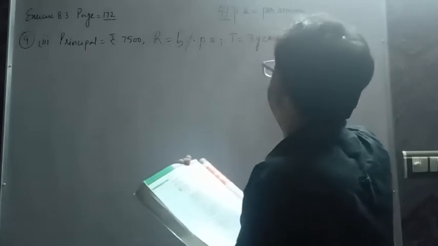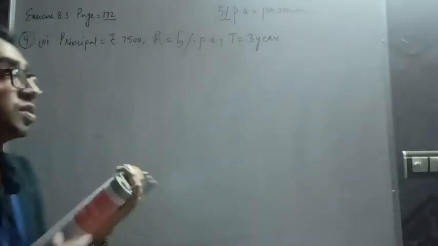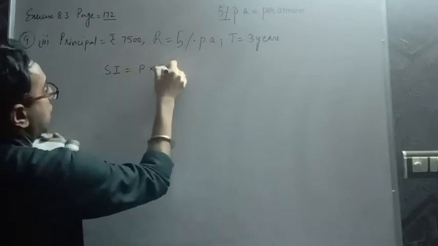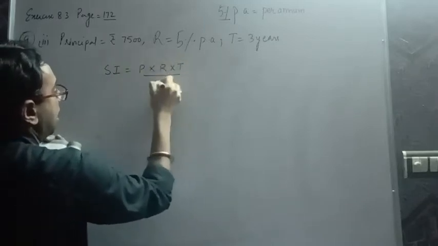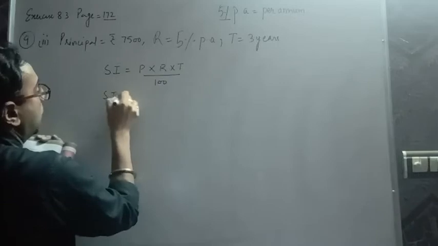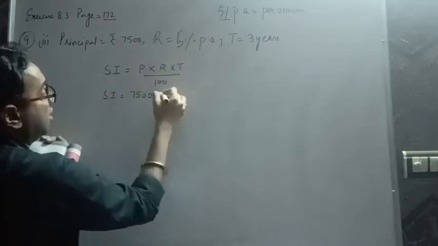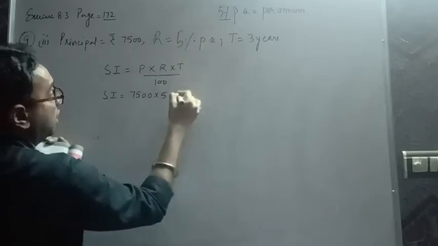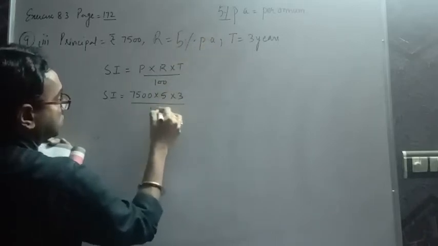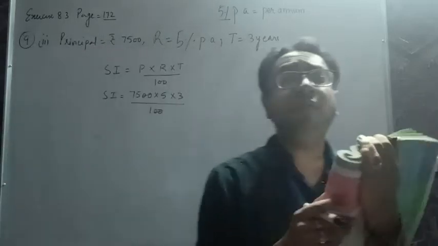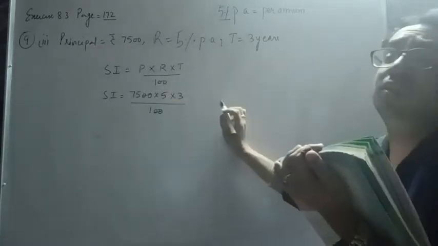So what we have to do, we have to find the interest first. What is the formula of SI? SI is P into R into T upon 100. What is the principal here? 7500. What is the rate here? 5. What is the time here? 3 upon 100. Zeros cancel. Now we have to find 75 into 5. It will be what? 375.